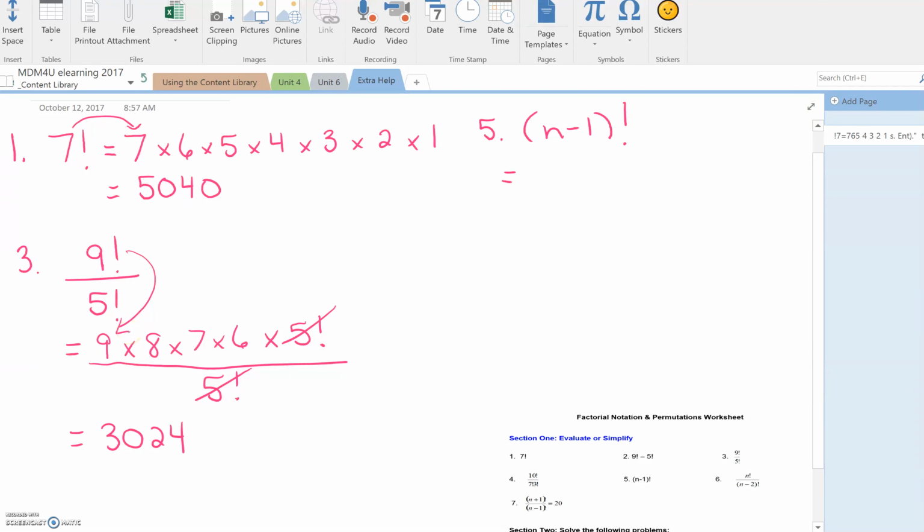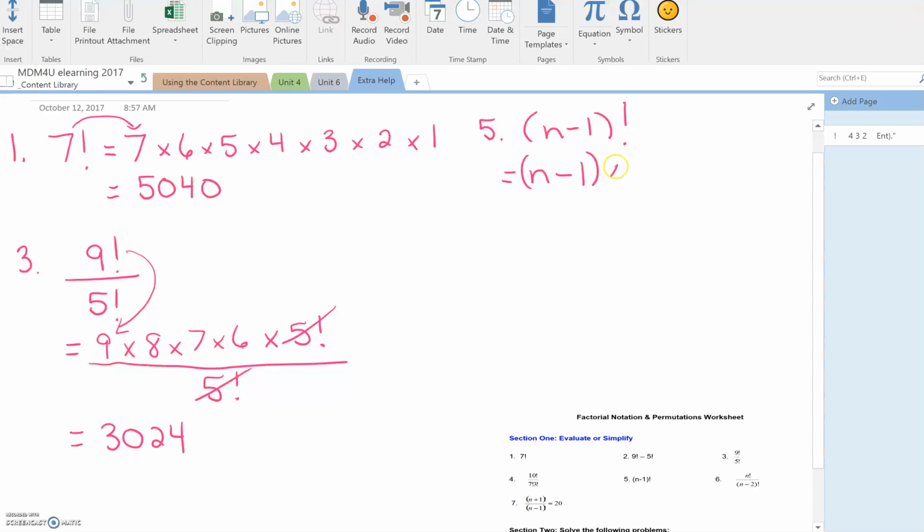So when you start with n minus 1 factorial, what are you going to start with? It's 7 and 7, 9 and 9. So what are you going to start with if it's n minus 1? n minus 1. Leave it in a bracket because it's 2 terms.